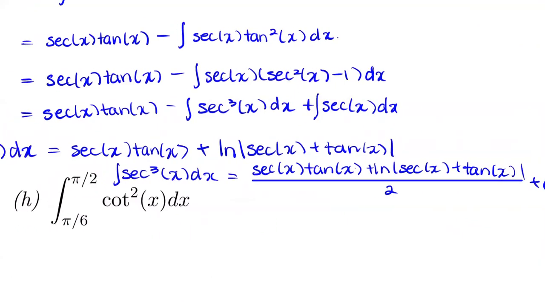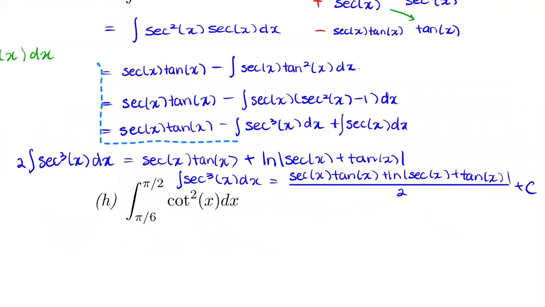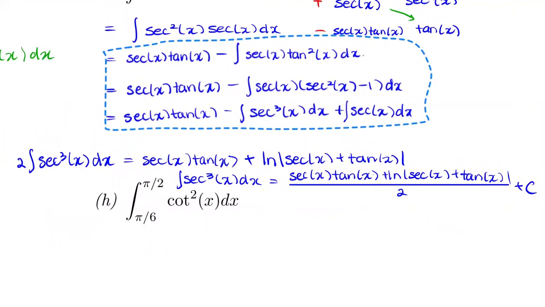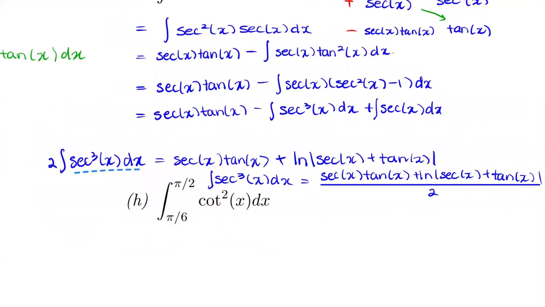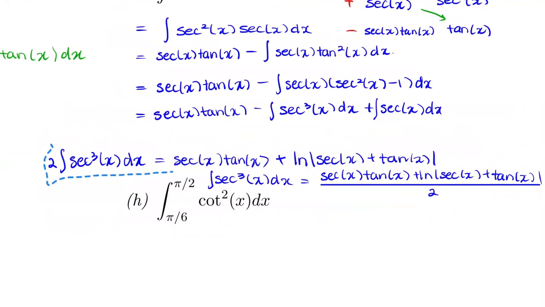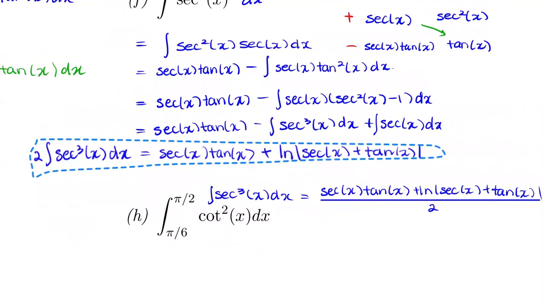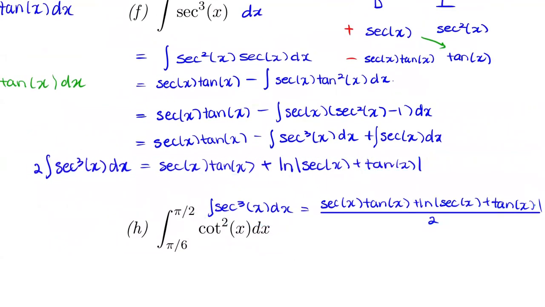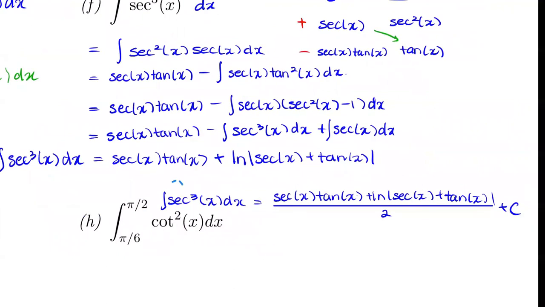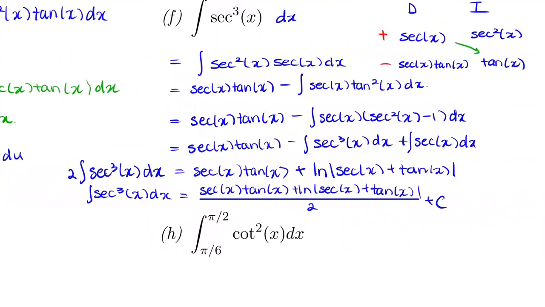Ooh, okay, so that one was actually a pretty tricky integral. So that's one way you could evaluate this integral, by using integration by parts. Okay, so let me move this over. So there we go. That's the integral for this one.